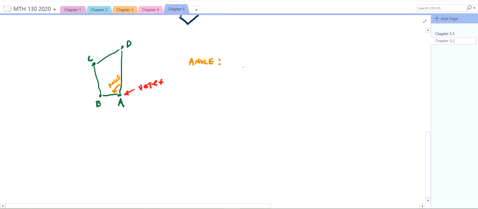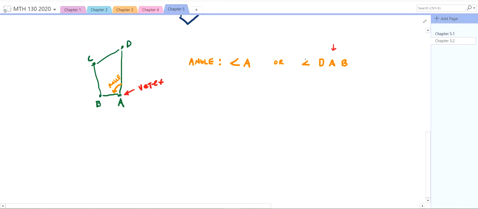So that angle I might call angle A, or sometimes to make it even more specific, you'll say angle DAB, and notice that the A is the center of the angle.